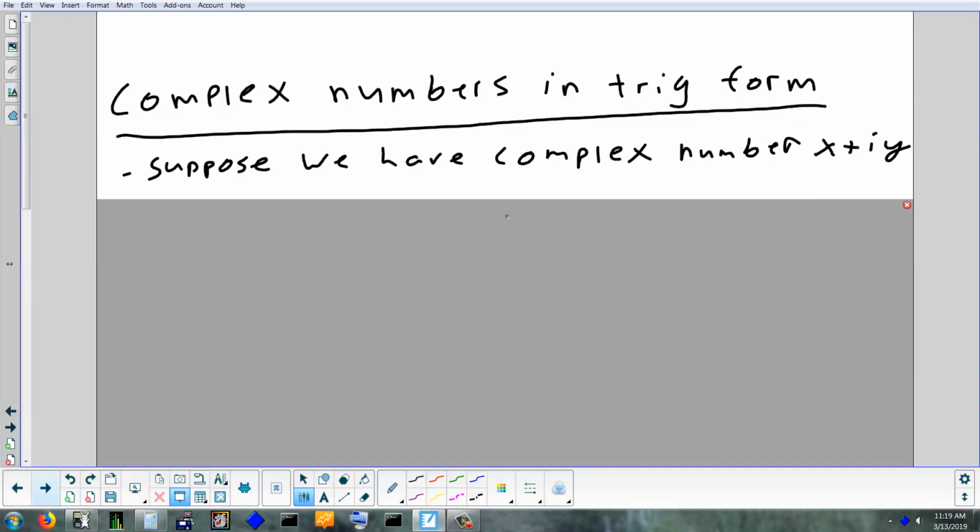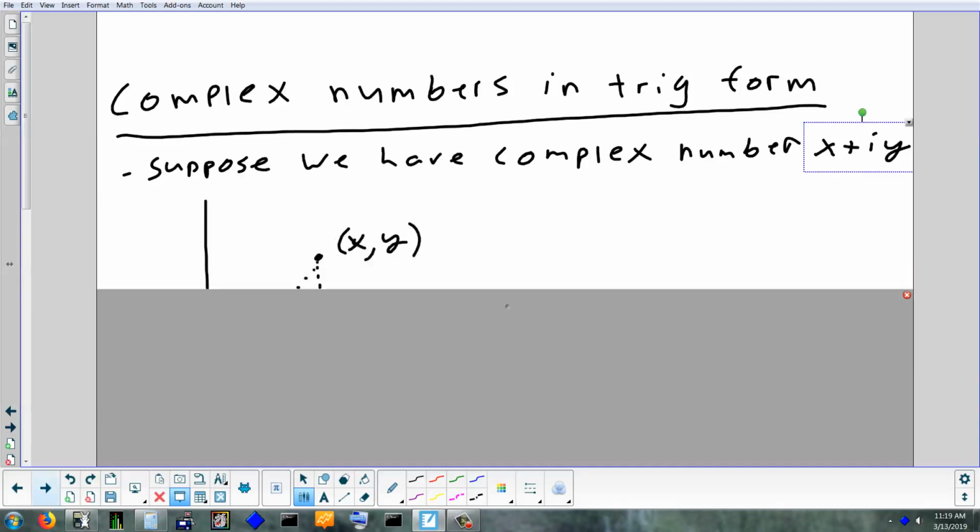I figure if I use x and y, it might help you remember which one is which. Now, normally I put the i after, like 2 plus 3i. This is like i3. It's the same thing, right? It's just the formula we're going to come up with has the i in front, but it doesn't really matter where you put it. Okay, so that's the kind of numbers we've been working with so far.